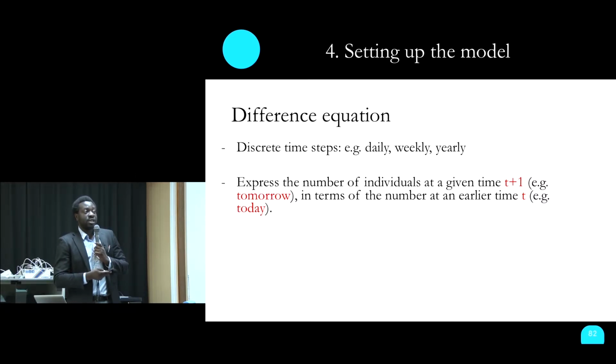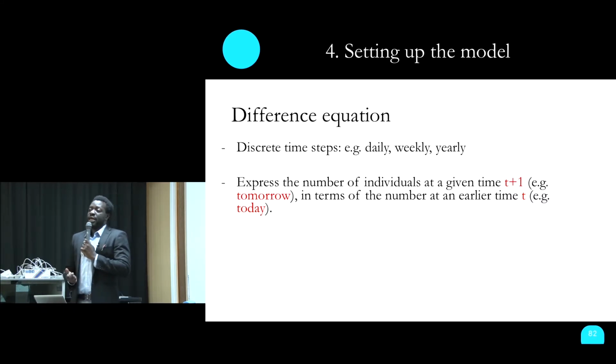The difference equation is generally expressed in terms of time steps, daily, weekly, or yearly. With difference equations, we can express the number of individuals at time t plus one, for example tomorrow, in terms of the number at an earlier time.